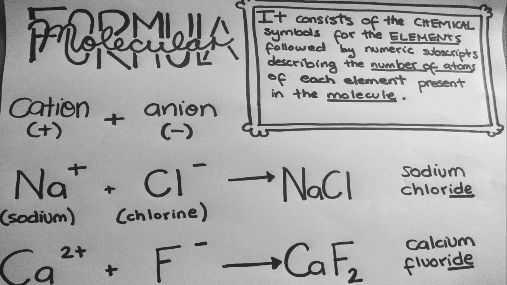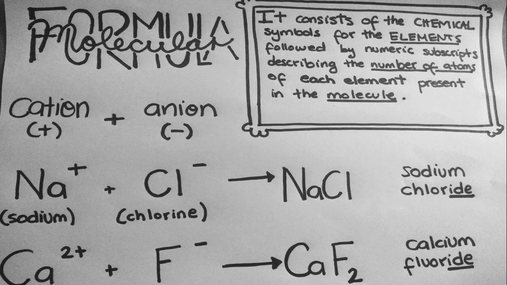The chemical symbol of calcium is Ca, the chemical symbol of fluorine is F, and we can also see the subscripts. For calcium, there's only one atom, so we don't have a subscript here. But for fluorine, we have two atoms, and we can see the subscript of 2 that represents two atoms of fluorine in this molecule of calcium fluoride.